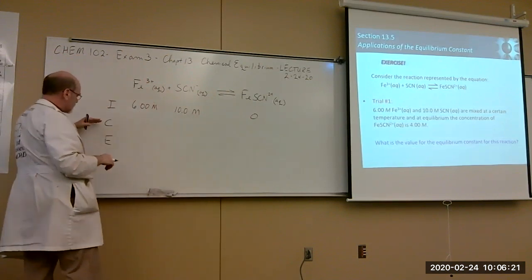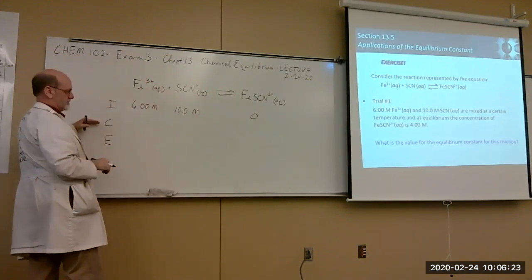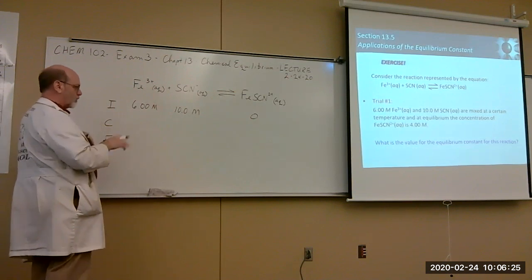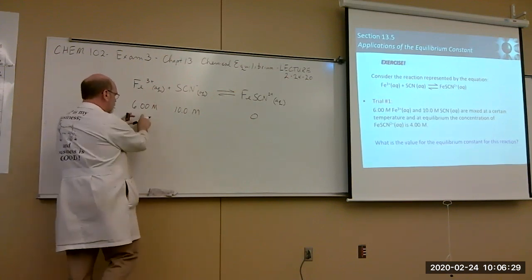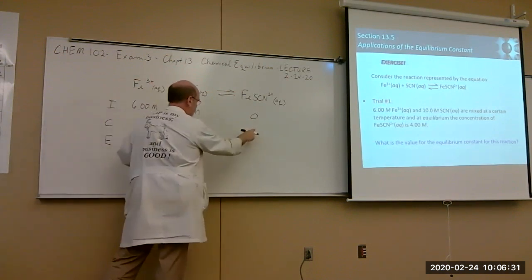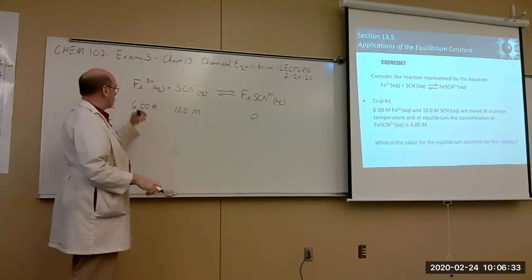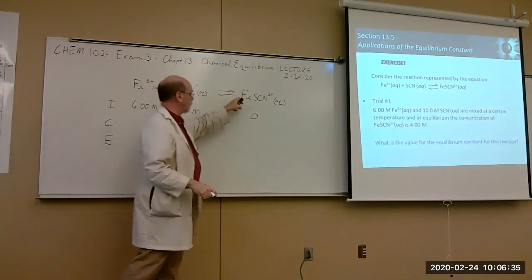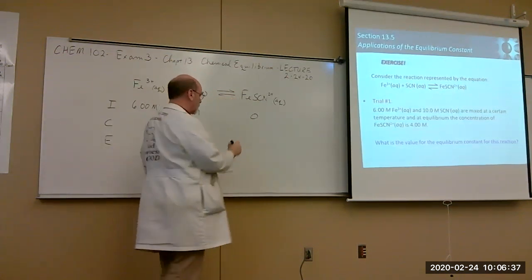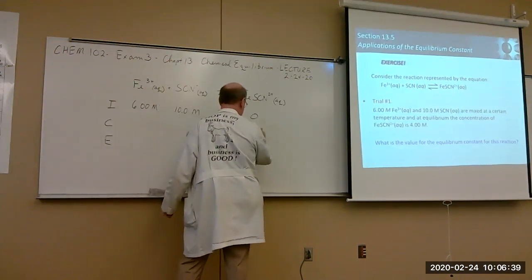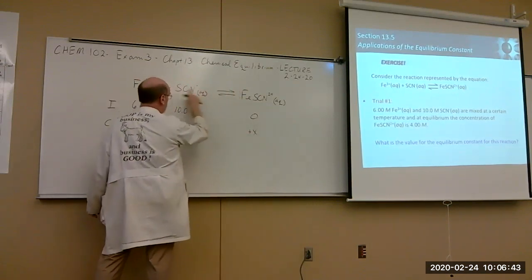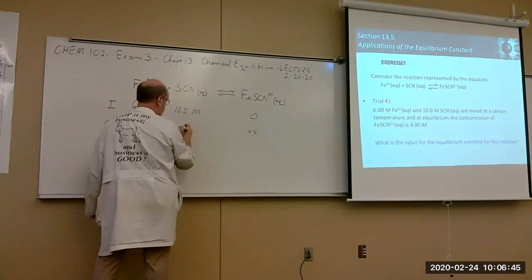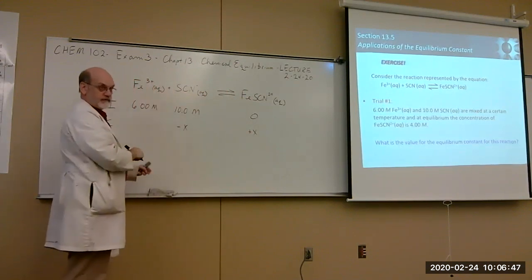Right? So this refers to the change. So what will be the change? Well, we're going to lose some of that and lose some of that and make some of this in a ratio of 1 to 1 to 1. Right? So we're going to add some over here, and we're going to lose the same number, like 1 mole, 1 mole. Right? So we're going to lose the same amount of that.